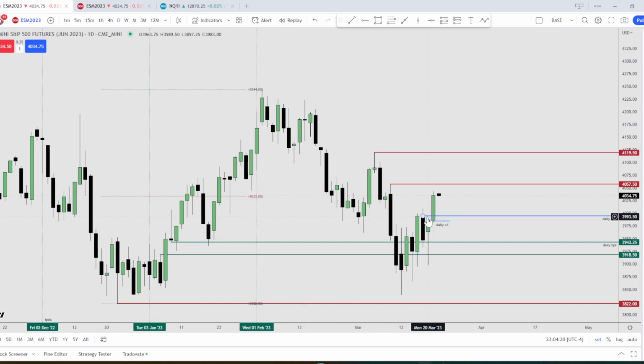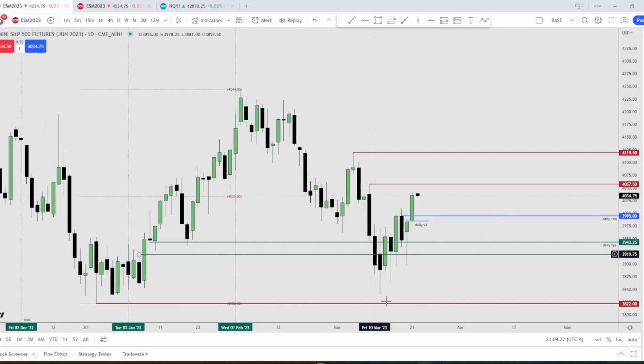Okay, very simple. So because we broke market structure in the month of March, I am going to mark it right here. For this expansion I'm giving up to 60 days.